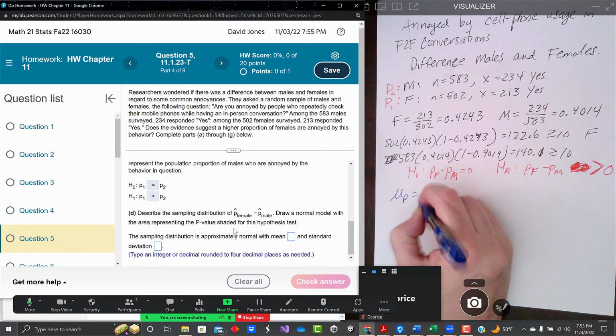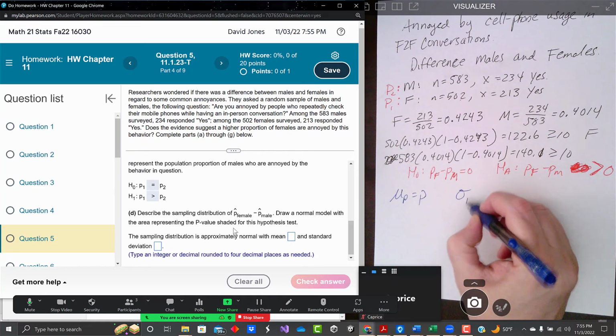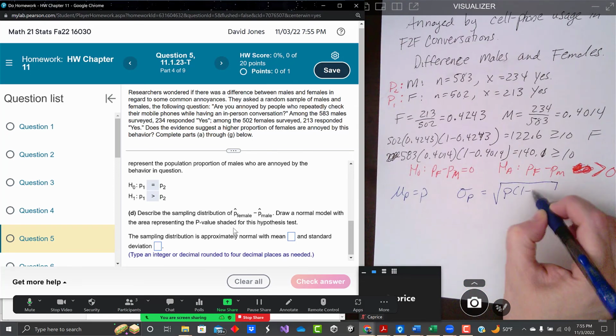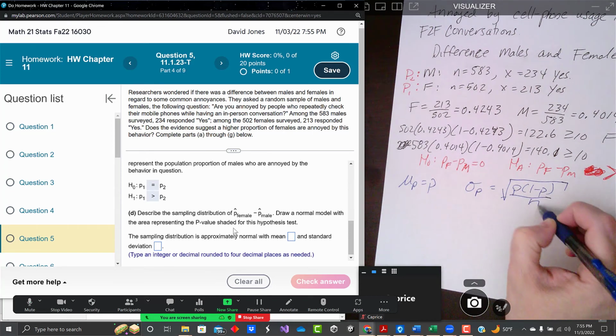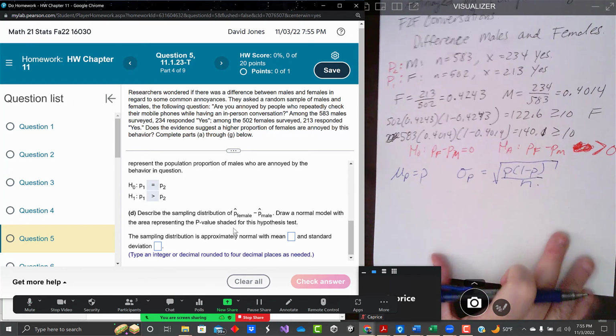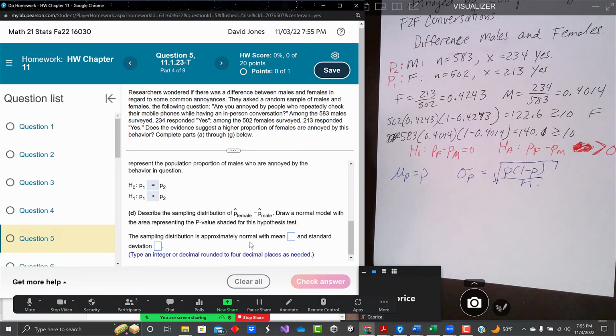Mu of p equals p. That one was easy. It's the sigma of p that I don't remember. It's p times 1 minus p divided by n.